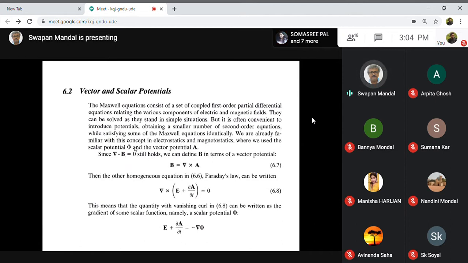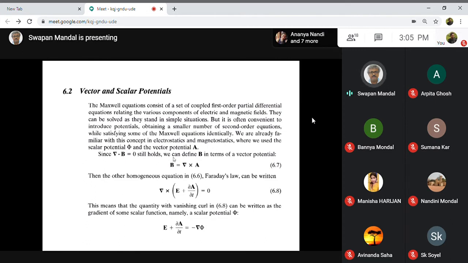This is already done in your magnetostatics courses, from your vector calculus, or rather vector algebra. You have B equal to curl of A.